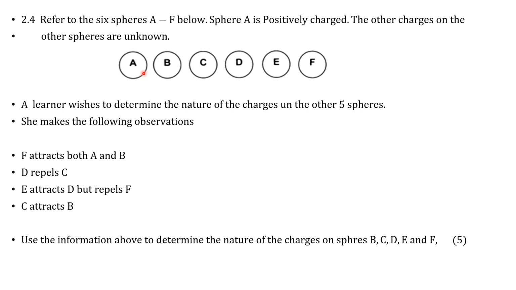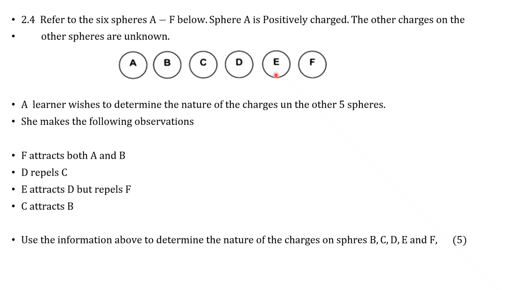So if A is positively charged, for F to attract A, F then has to be negatively charged. B automatically will have to move to F because of A being attracted. D repels C, so therefore C and D have the same charge. But E attracts D but repels F. So F is negatively charged, therefore E must also be negatively charged.